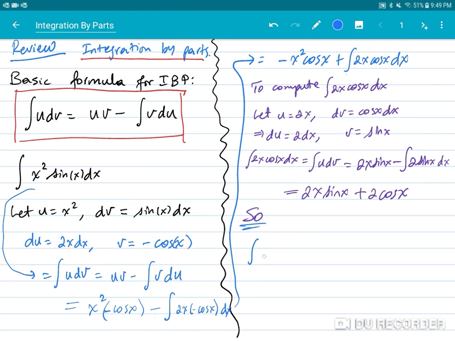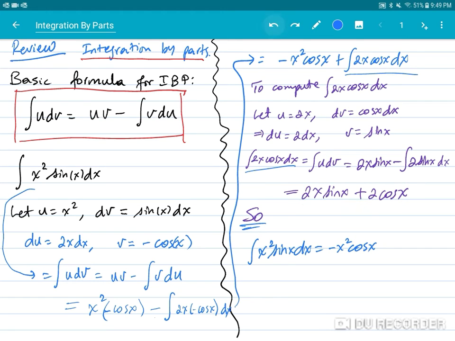So the integral of x squared sine x dx is minus x squared cosine x, which is this guy over here, plus this integral here, which we already calculated to get this expression here.